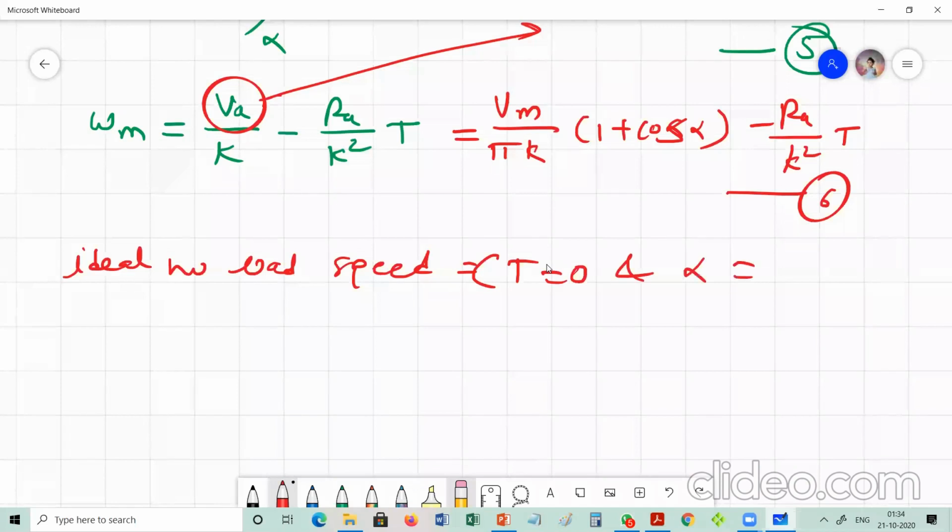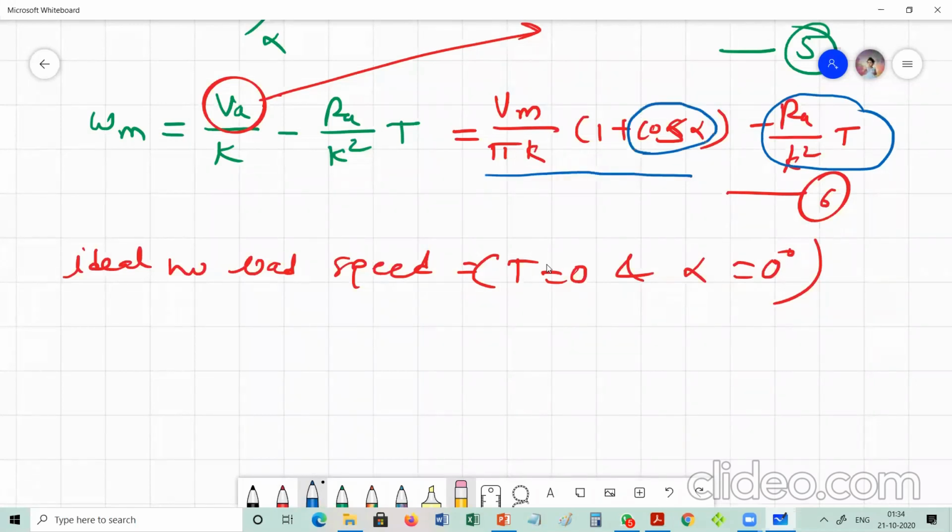and alpha equal to 0 degree. In this equation, when T equal to 0, this part will be 0 and only this part will be present. Again, alpha equal to 0 means cos alpha equal to 1. So we get omega m0 equal to Vm into 1 plus 1, that is 2 Vm by pi k, same as that of a fully controlled rectifier.